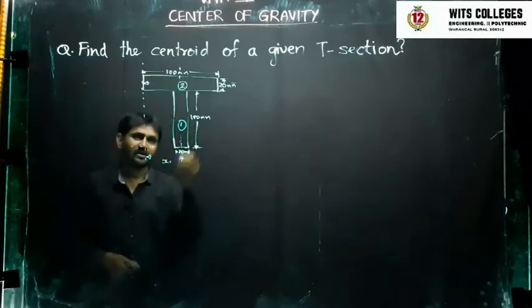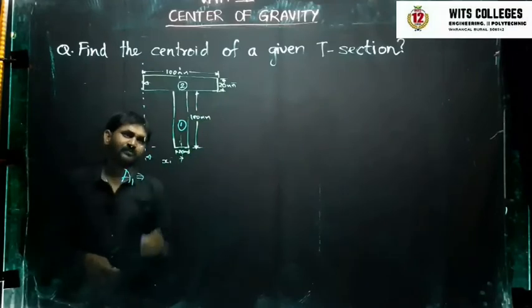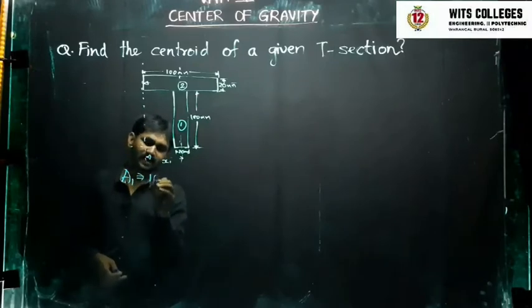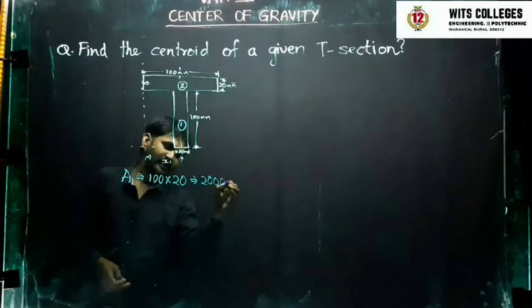Let us solve this. So first of all, A1, in the sense figure number 1. What is A1 here? 100 into 20. So this is equal to 2000 mm square.